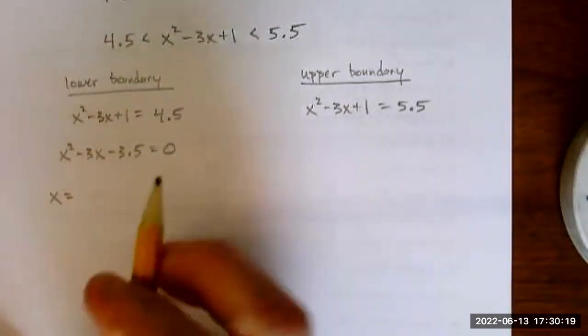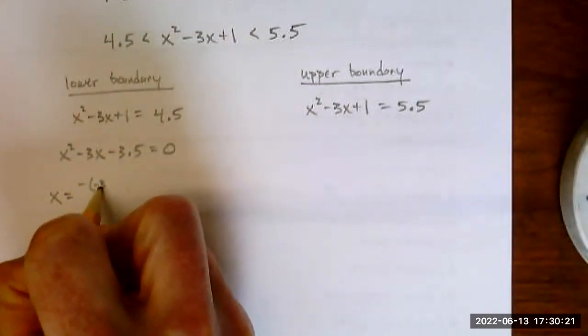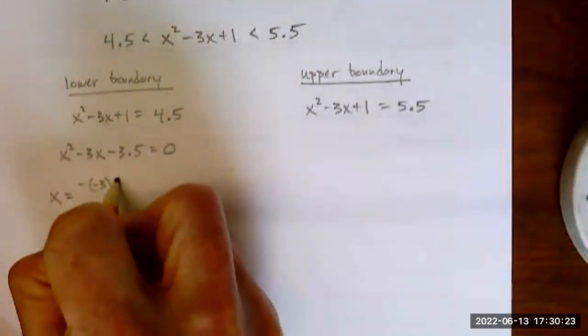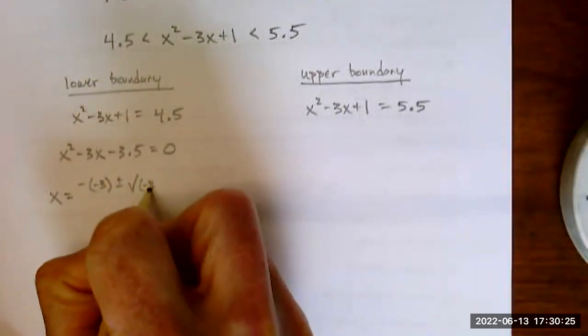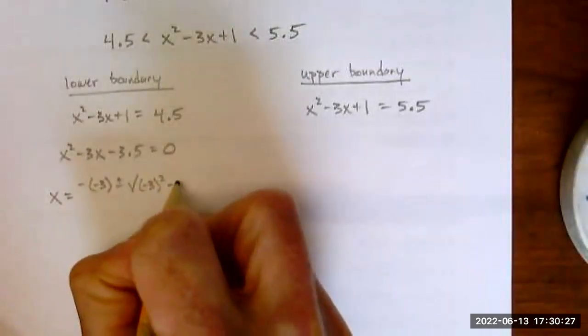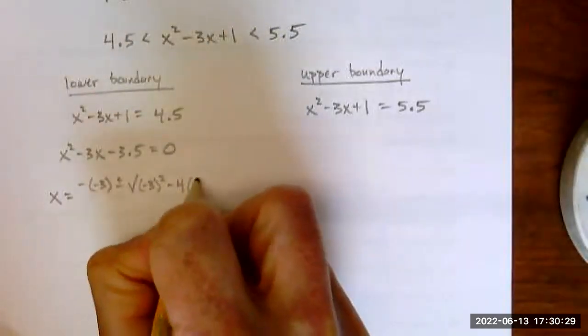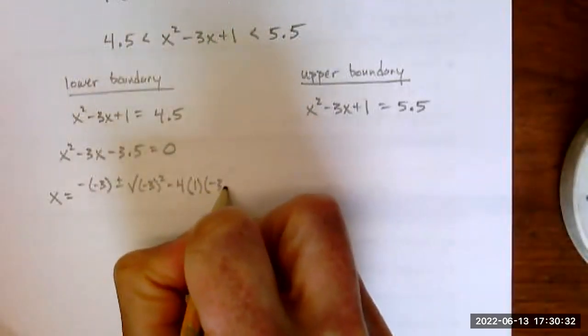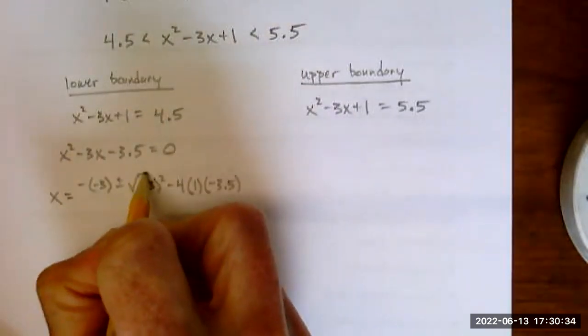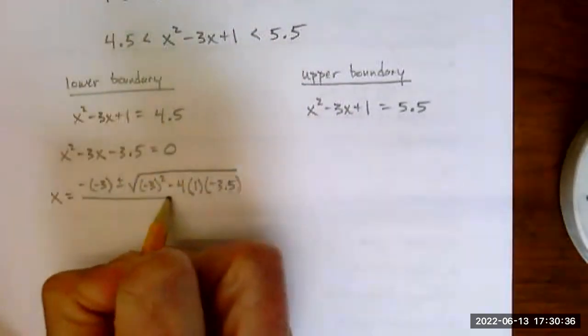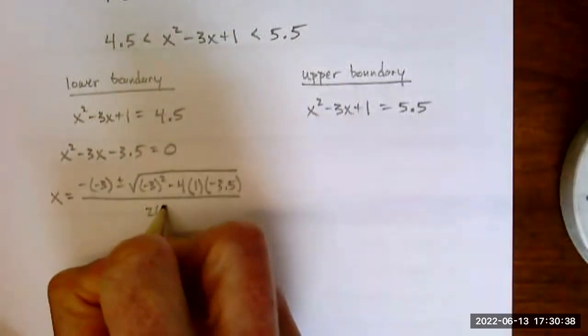So x equals negative b, well b is negative 3, so negative b, plus or minus the square root of b squared minus 4, here a is 1, c is negative 3.5. That all gets divided by 2 times a.